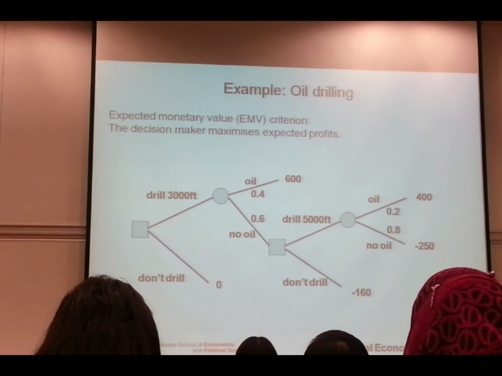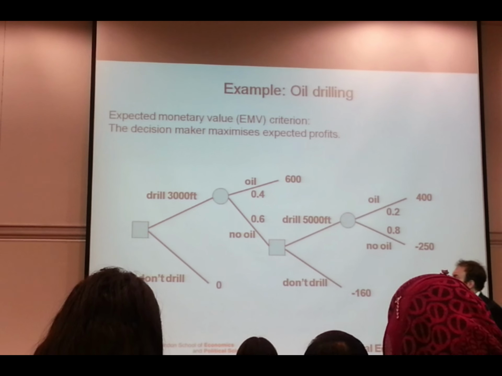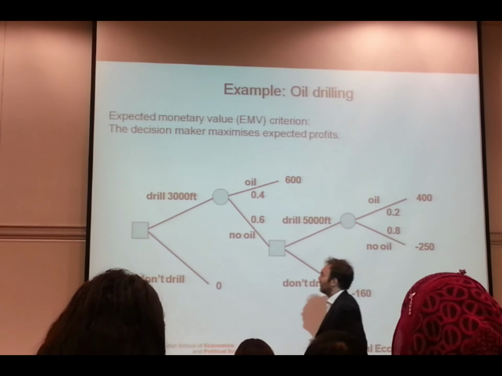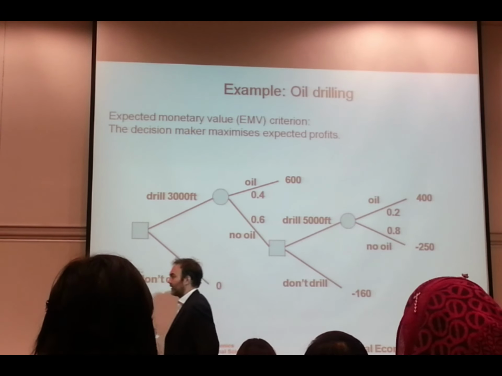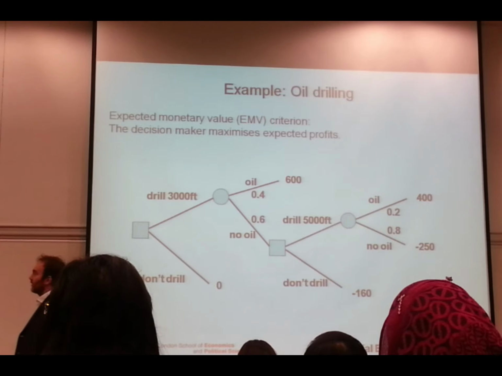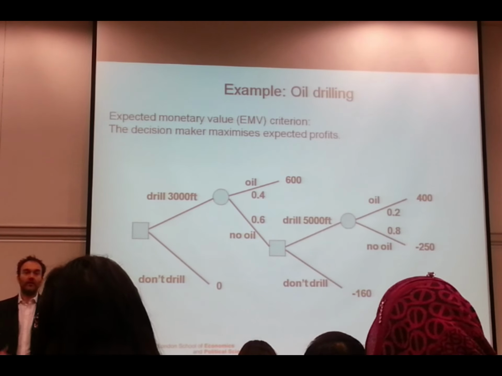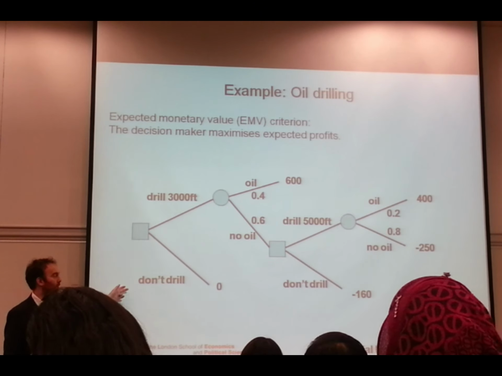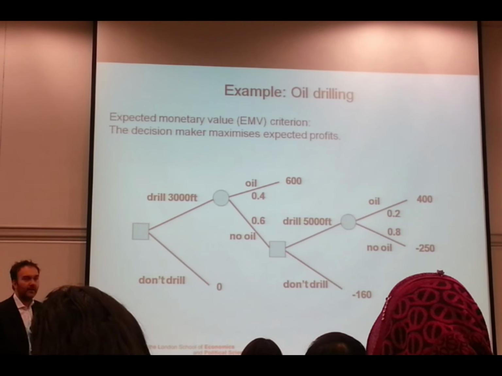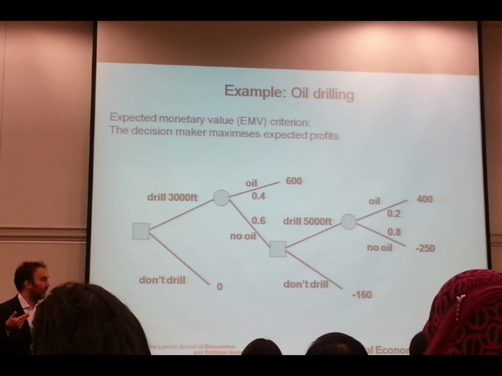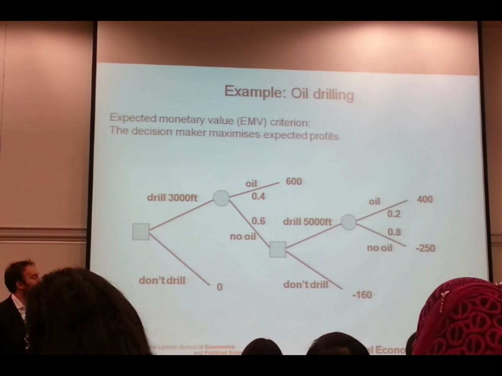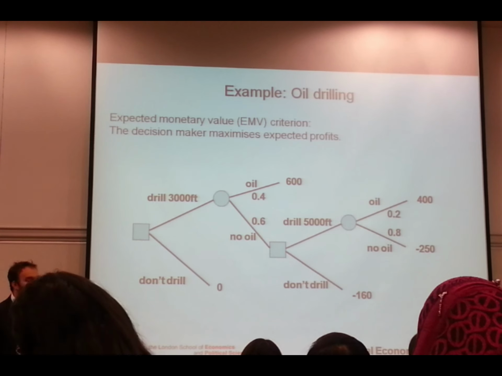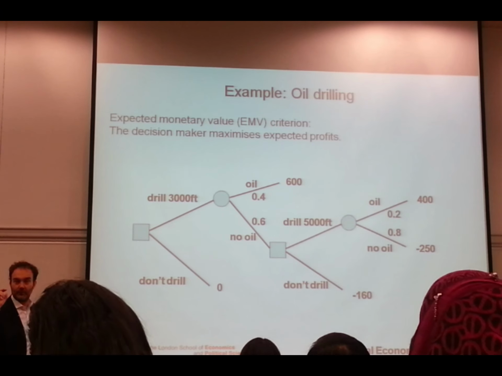Well, here's your decision tree. The first decision is, does the manager want to drill or not? If he doesn't drill, he doesn't incur any costs, but he doesn't get any profits either. If he's decided that he wants to drill, then there's a resolution of some random event.